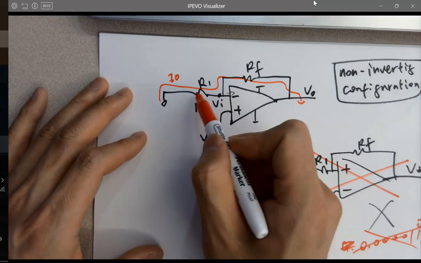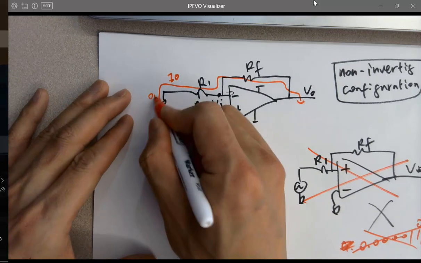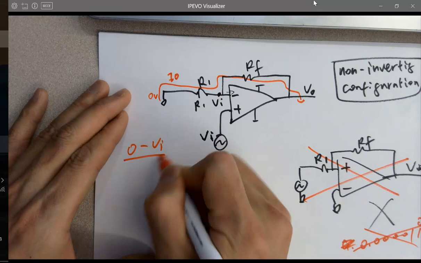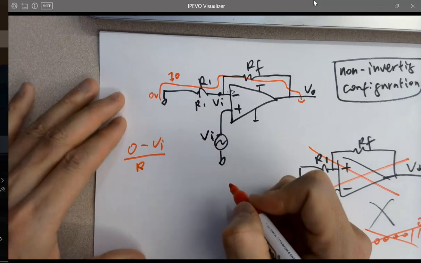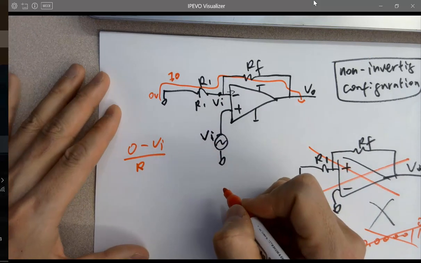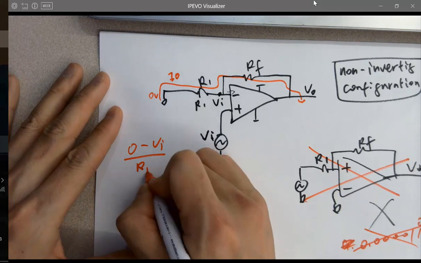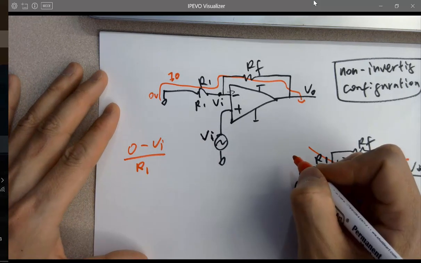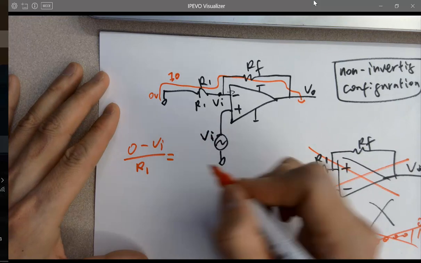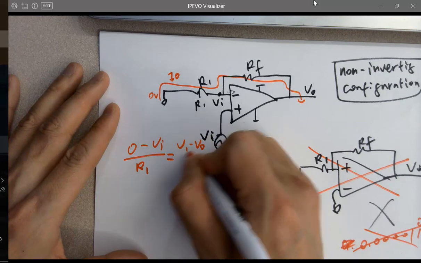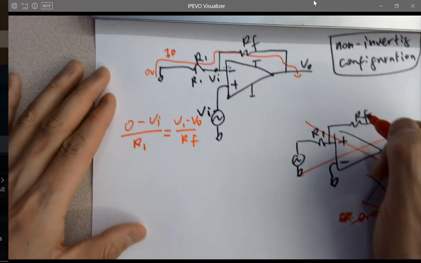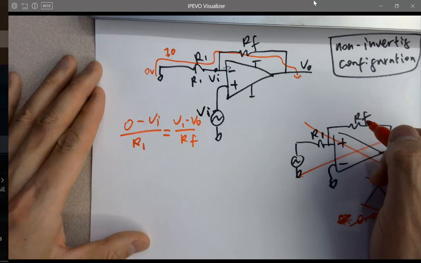Now let's calculate using Ohm's law, okay? So 0 volts, right? So 0 minus VI over R1 equals VI minus VO over RF, right?